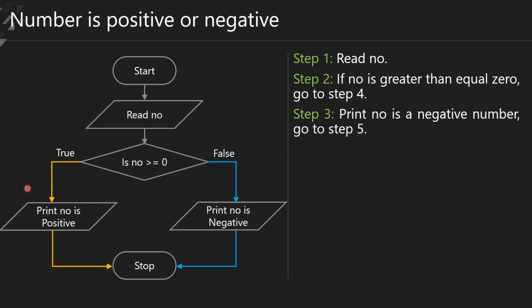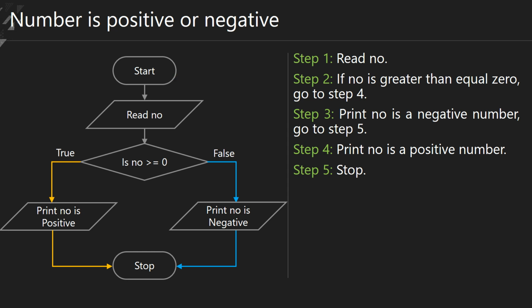This indicates the finite sequence of statements to write the algorithm for the particular problem statement, like whether a number is positive or negative. So you write the flowchart like this, and correspondingly you can write an algorithm. I hope you understood this concept.